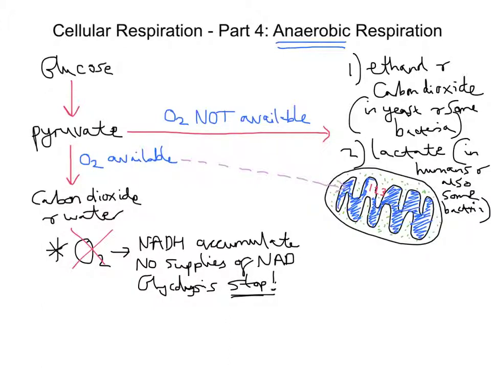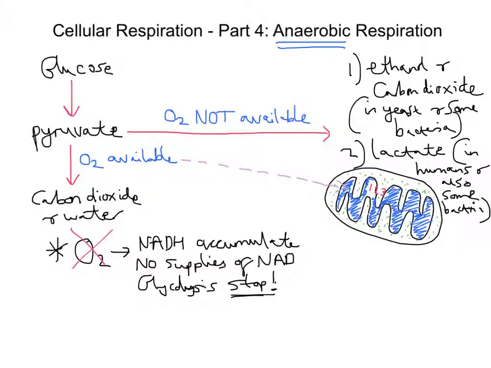Now clearly you cannot have that, because we need to produce ATP to drive metabolic reactions. So in this instance, something very different happens. The pyruvate will accept hydrogen from the NADH. So the NAD is ultimately replenished, and the pyruvate is reduced, because we say reduction is if you gain electrons or gain hydrogen.